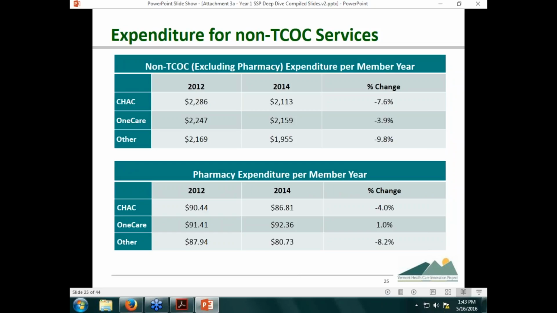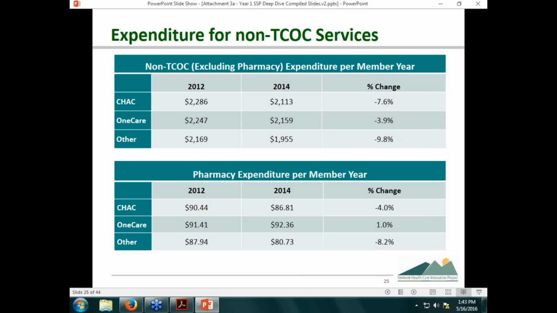And the last one I'll point to is a quick analysis we did of expenditure outside of that total cost of care suite of services. For the most part, we can see here that there's a slight decline, as we were seeing in a lot of other areas, from 2012 to 2014 in per member per year expenditure in the non-total cost of care services that exclude pharmacy, which is the top table, and then the bottom table shows the same sort of analysis looking at pharmacy only.